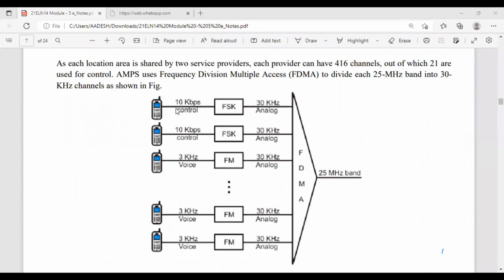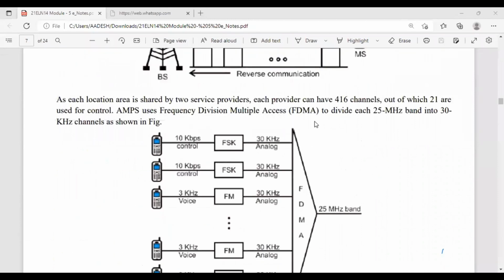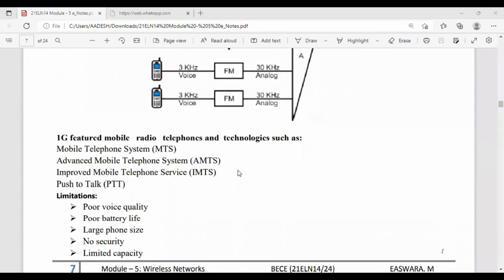We all know that a message signal will be a low frequency signal. So it is shown as 10 kbps, and once the modulation takes place, the low frequency signal is converted into a high frequency signal, where it is shown here as 30 kilohertz, right? So here the technique used is FDMA AMPS.